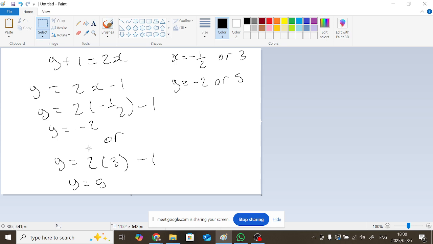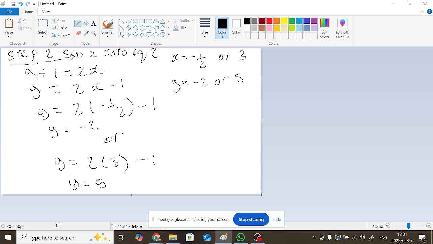I'm just going to say this is step 2: sub x into equation 2.